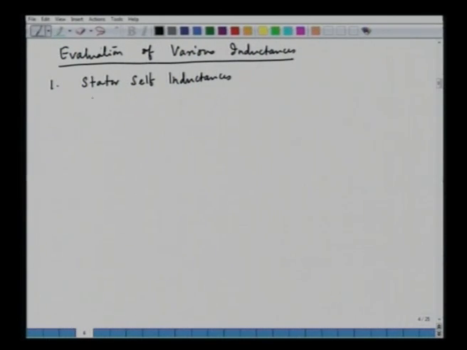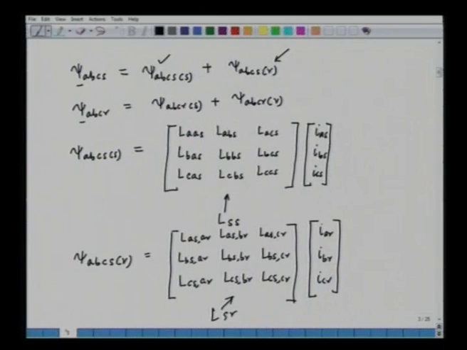Now, what are the stator self inductances? The stator self inductances are LAAS, LBBS and LCCS. Now, if you go a little back, we are trying to find out this inductance, this inductance and this inductance. This is basically the inductance of phase A with respect to itself, phase B with respect to itself, phase C with respect to itself.